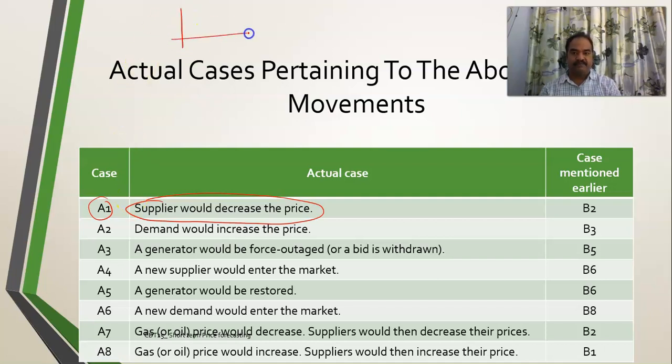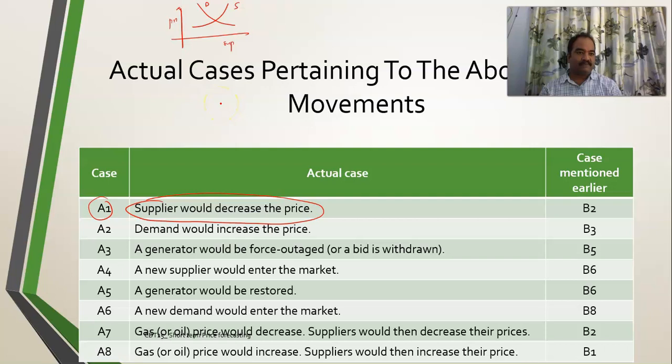So normally this is supply curve and this is demand curve. A supplier is decreasing the price means this is supply curve, this is price, and this is supply. If a supplier is decreasing the price means what is happening?